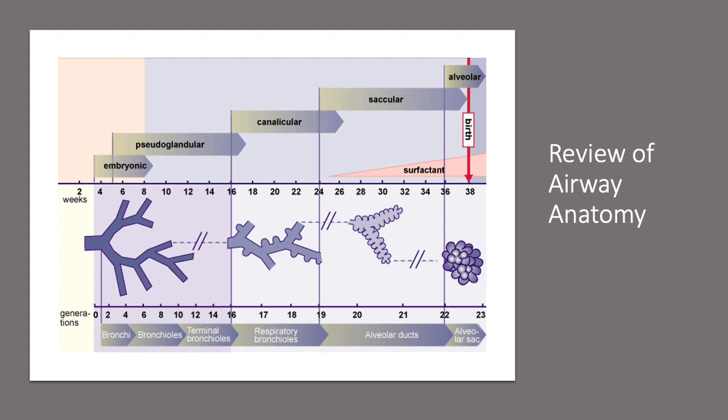Acinus is comprised of respiratory bronchioles. Each respiratory bronchiole gives off several alveoli from its sides. Respiratory bronchiole leads to alveolar ducts, and alveolar ducts end in the alveolar sac, which is the blind end of our lower respiratory tract, and it is the site of gas exchange.